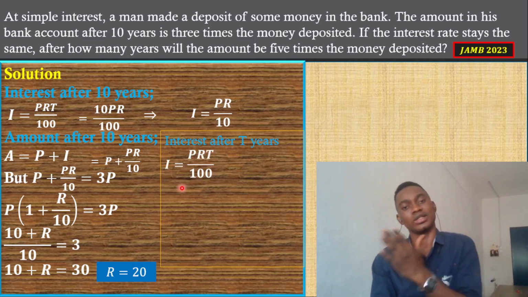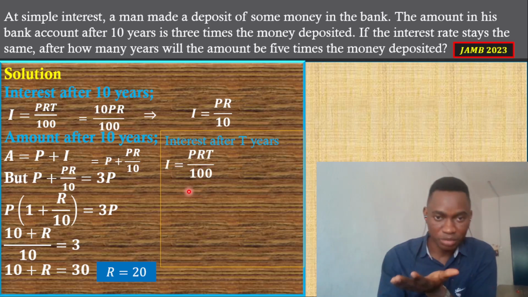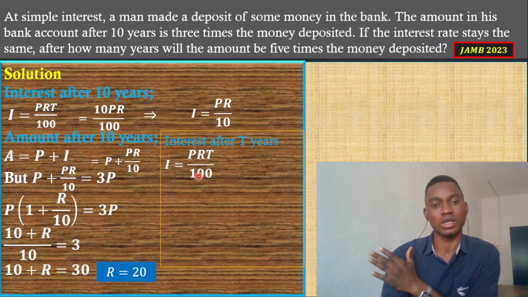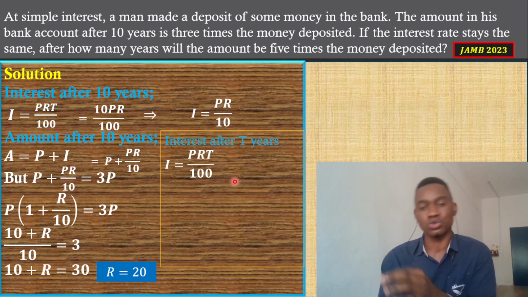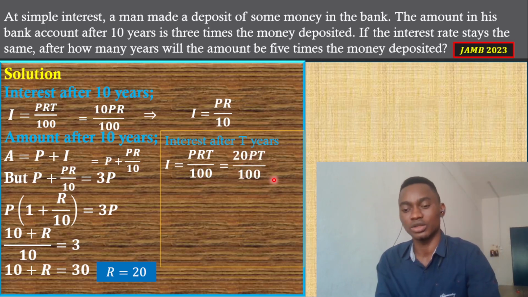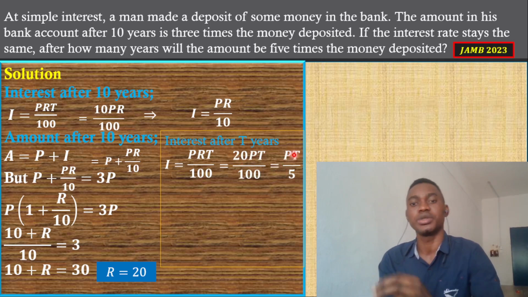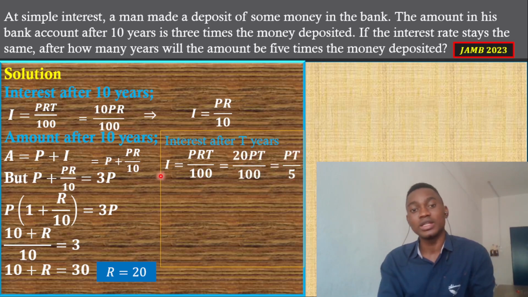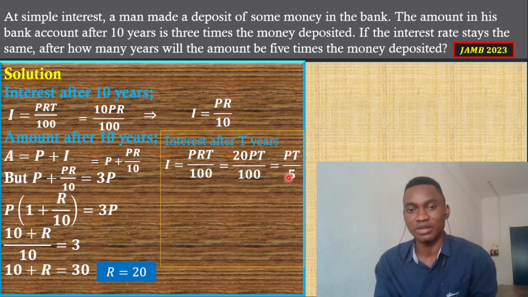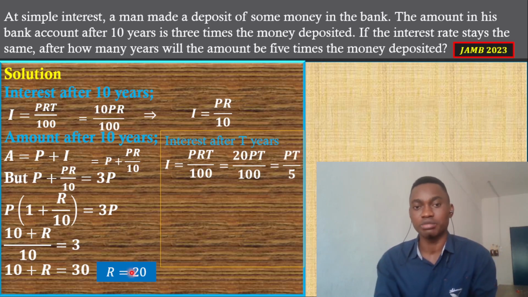Of course, this is the simple interest formula. Don't forget our rate remains the same. Here our rate is 20. So we have 20 times principal times T all over 100, and that gives us PT over 5. So the interest after T years is P times T all over 5 at the rate of 20%.